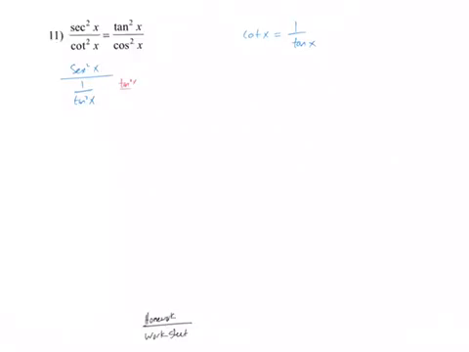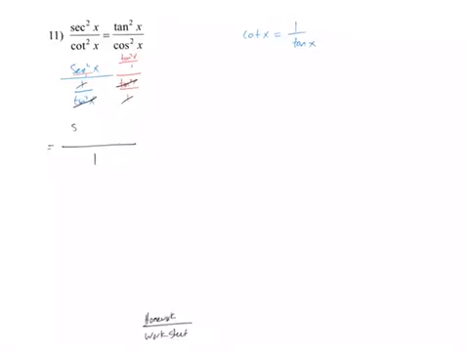Tangent squared of x over 1 divided by tangent squared of x over 1. If you also want to think about this as being over 1, you could do that. On my denominator, this tangent squared of x reduces with that one. This one reduces with that one, so everything on the bottom just becomes 1.